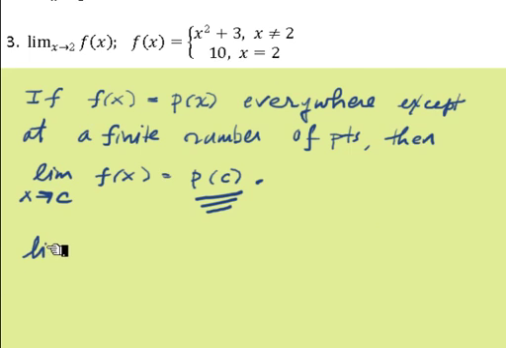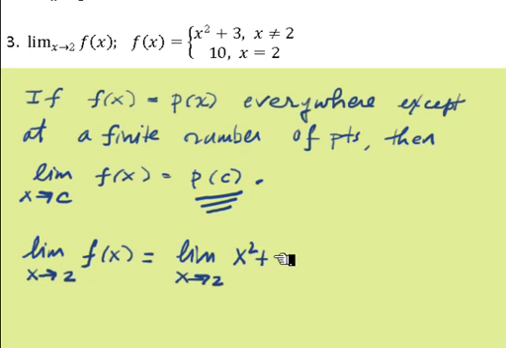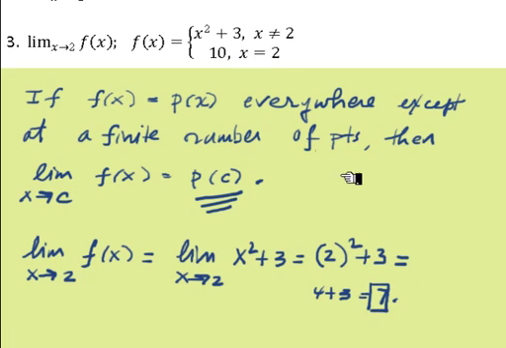So the limit as x goes to 2 of f of x is equal to the limit as x goes to 2 of x squared plus 3. In other words, now we can just substitute in. All right, so that's 7. So this value 10 did not enter into the calculation.